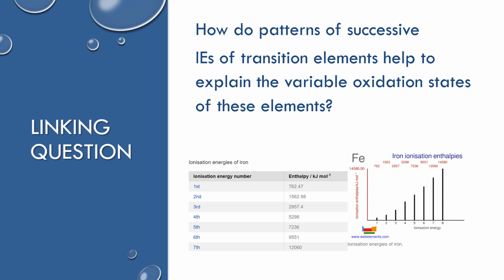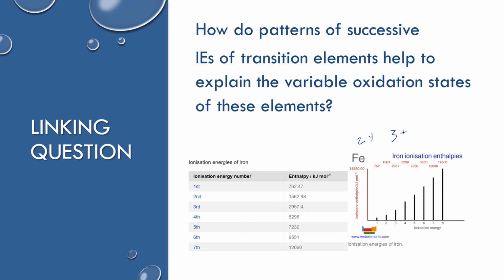I pulled this again from webelements.com. This is for iron, which is a transition metal. Iron tends to form +2 and +3 ions. If you'll notice, these first few ionization energies are all relatively low.